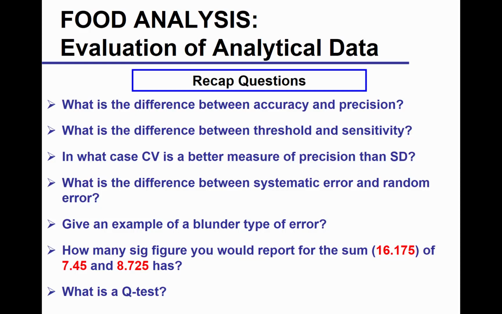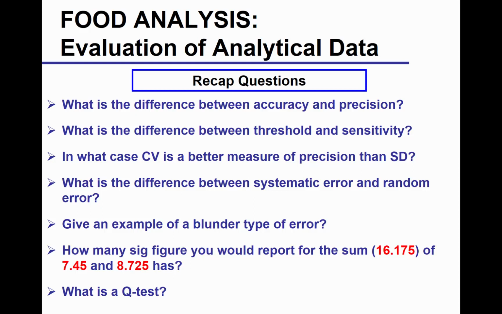In what case is CV better than SD? We gave examples about that. When you have different means, different measurement sizes of the means, then CV would be better. When it is the same sample and you are measuring the same component using 2 different methods, then you don't really need CV.